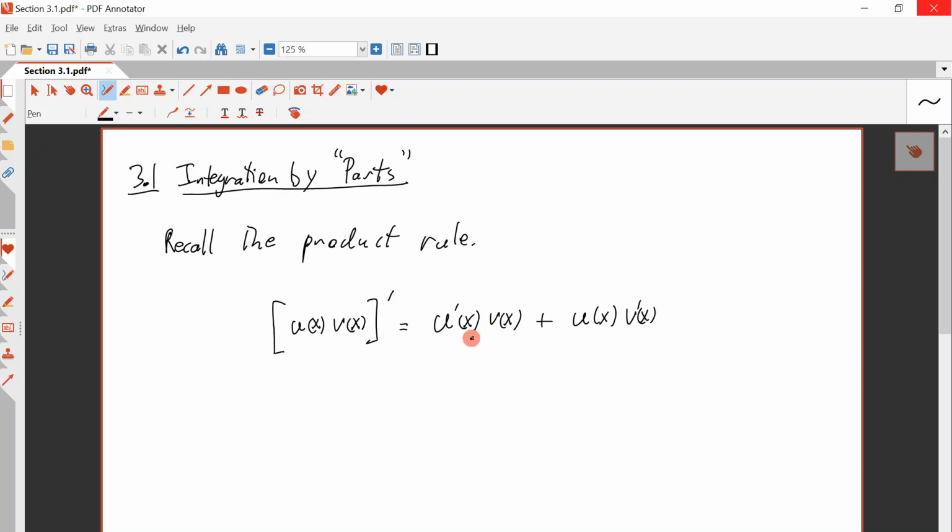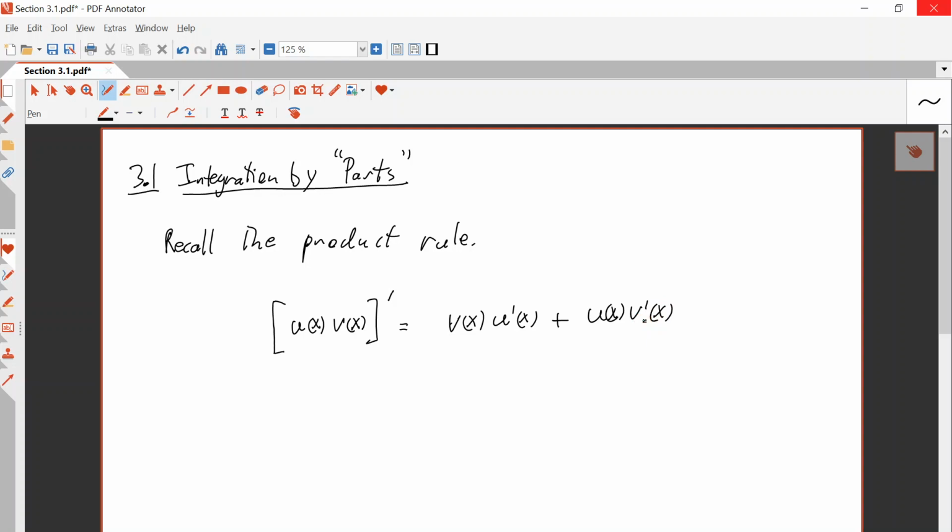Okay, but let's write it like this. Let's write it as v(x) u'(x) plus u(x) v'(x).